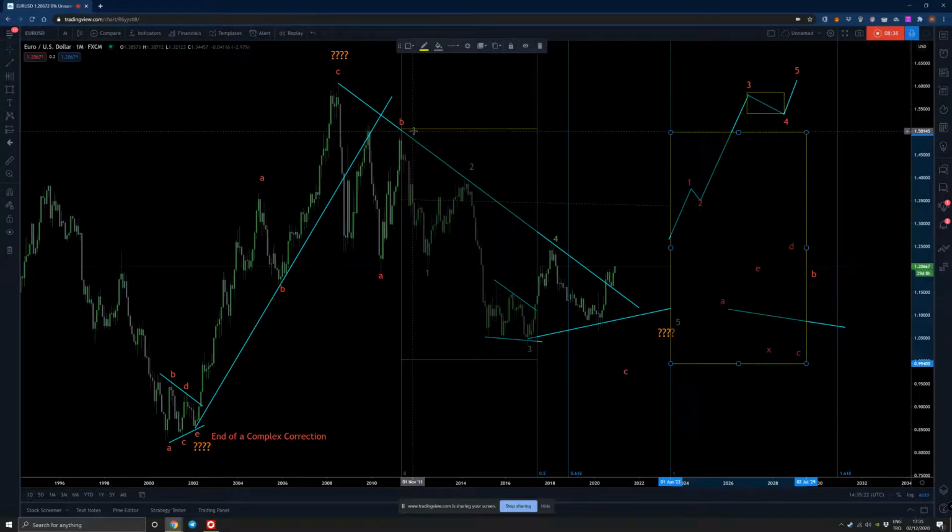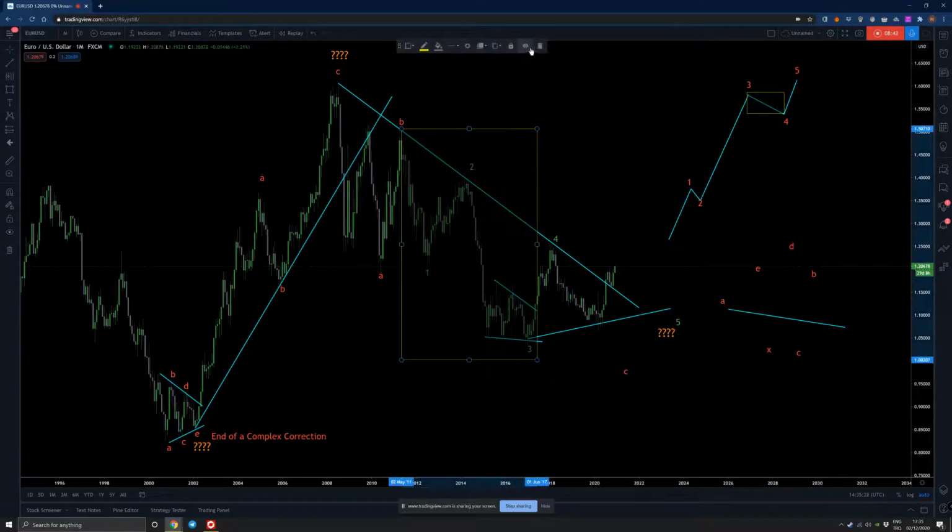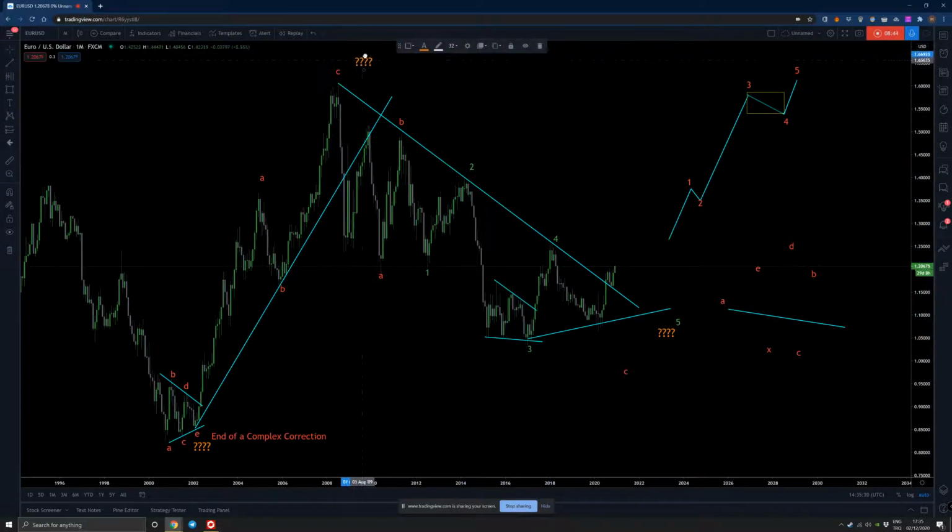Now these are just some of the scenarios that you can think about, if you think that this is the end of this wave here because of this move here. But if you say, I don't know, 100 pips in a monthly chart is still a big deal for me, and I don't think that's the case, well, you can then go on and say, okay, this wave is not done here, and you can go something like this.